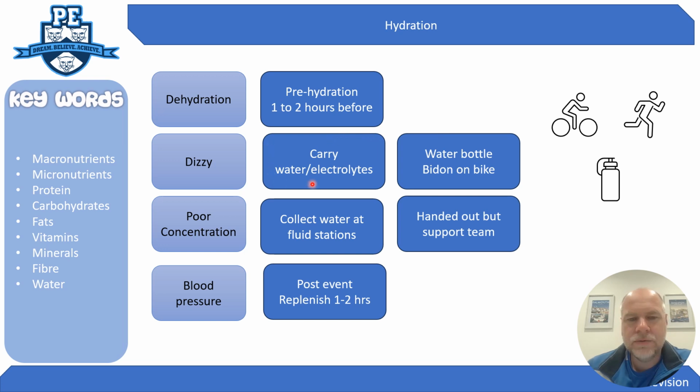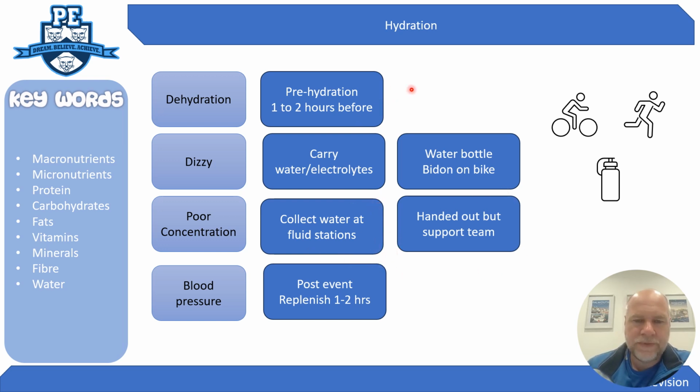You could either carry the water as an athlete, and you could use things like the water bottles that are stored on a bike. It could be a water pack, a camel pack on your backpack, or running with a water bottle. Or you can collect the water at fluid stations, which many athletes do. If you watch a marathon, there are loads of fluid stations where people can pick up water as they're running, and it's handed out by support teams.